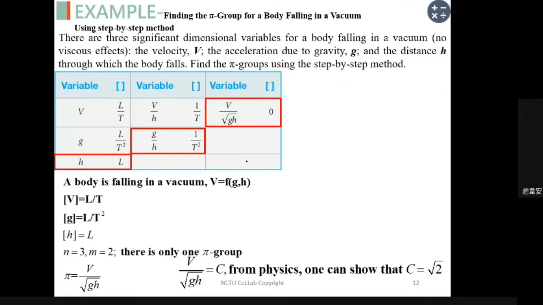So this is just one example. We just consider the body falling behavior.